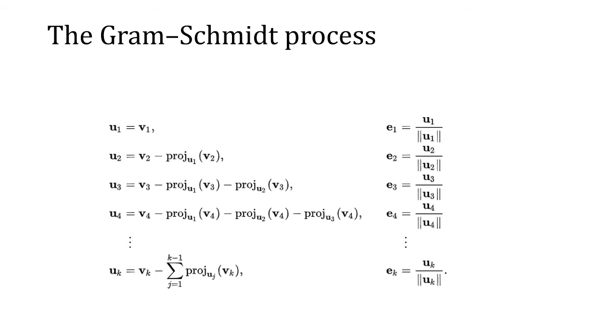Now let's jump into the Gram-Schmidt orthonormalization process. Now actually this process takes an input of a linearly independent set, say we call it S. This is nothing but say v1, v2 up to vk.